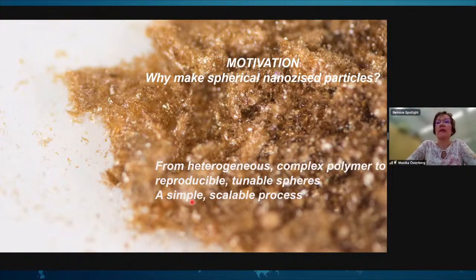So it's not very reproducible and it's quite complex, and there's a lot of arguing about the exact structure of lignin, because when you extract it, it of course is modified, so it's difficult to say what the structure in the native wood is. So we want to have a more reproducible and tunable material to work with. And for this, making these colloidal lignin particles, spherical particles, is quite useful. And this is also a very simple and scalable process.